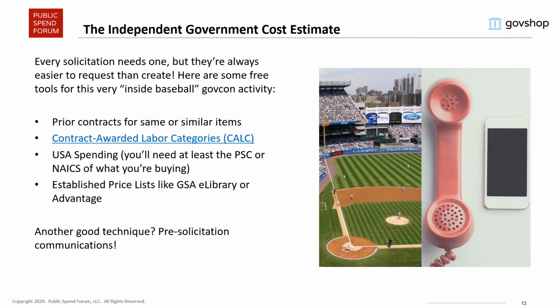I know Bureau of Labor Statistics is another one that we used all the time, and Global ET we used as well. So there are indexes and tools out there to build that IGCE.